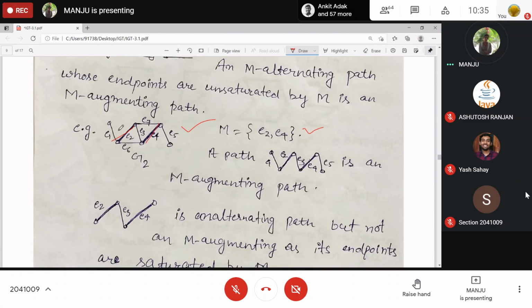Now this path E1, E2, E3, E4, E5. Is this path M augmenting or not?